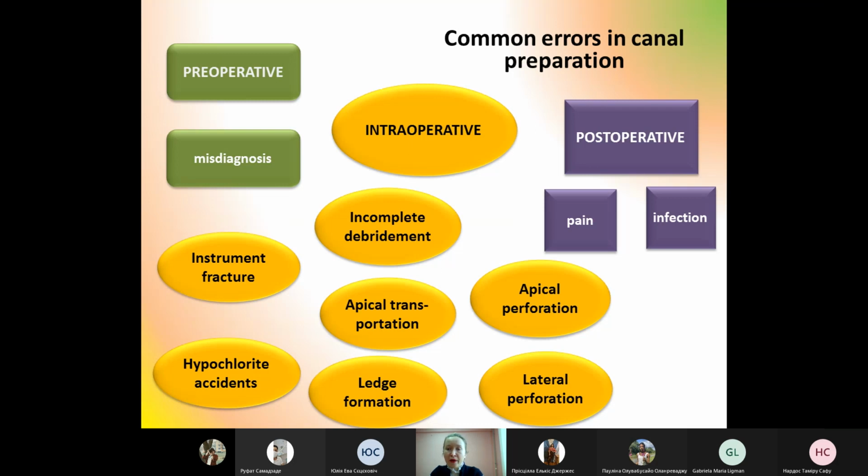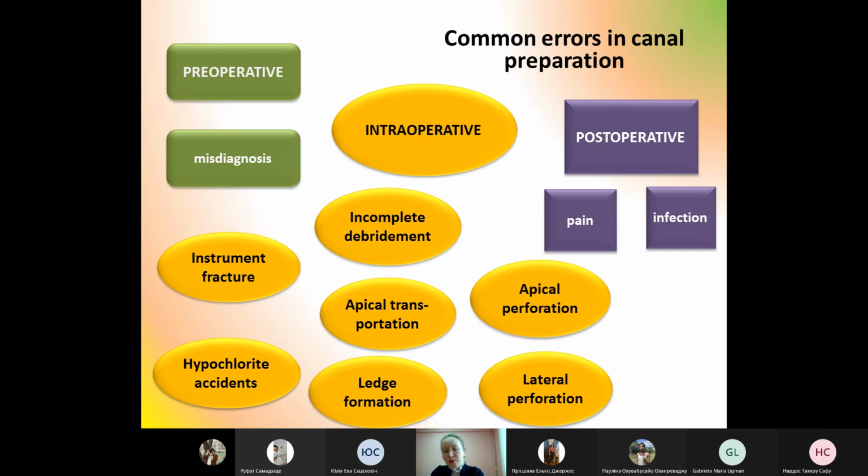To avoid these intraoperative errors, dentists should first of all provide appropriate access opening for root canal treatment, have good vision of the operative field, if possible use an endodontic microscope to magnify, and be careful when it goes about instrumentation of the root canal. Remember that instruments are able to fracture. That's why you should know how to work with every instrument appropriately.